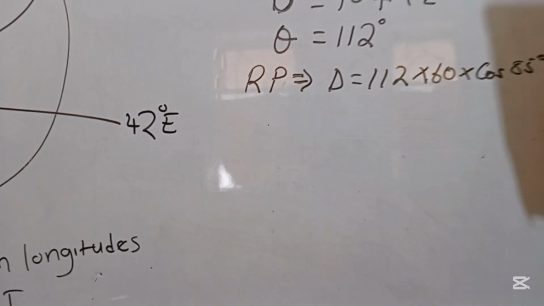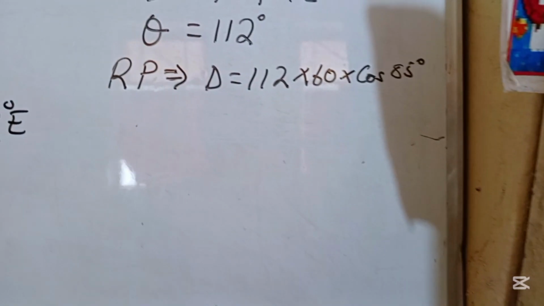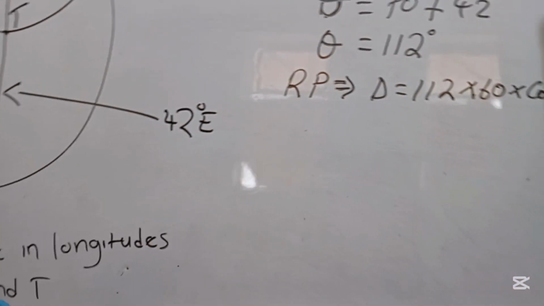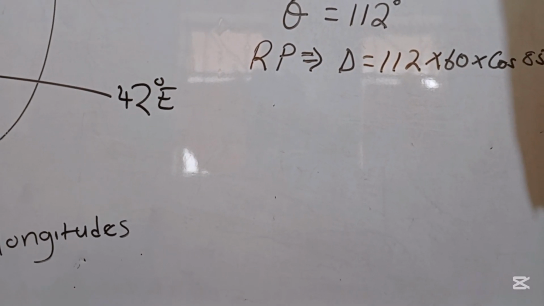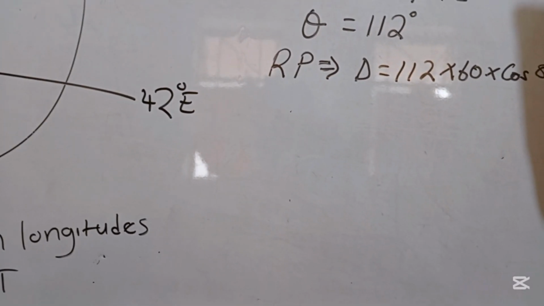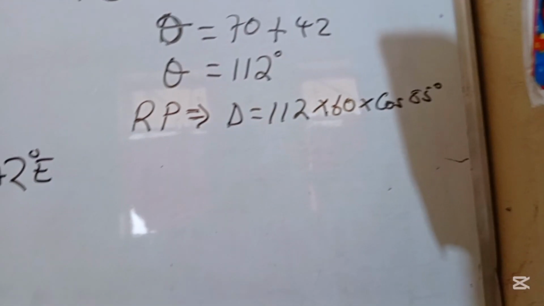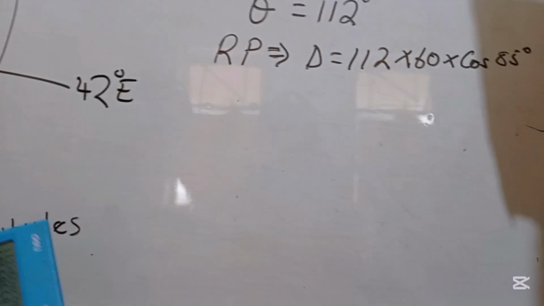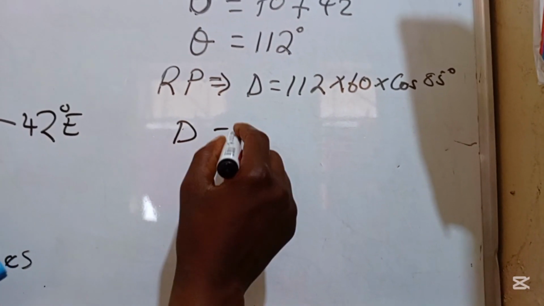So using the calculator, you say 112 multiplied by 60 multiplied by cos 85. Write everything you see on the calculator, no shortcut.